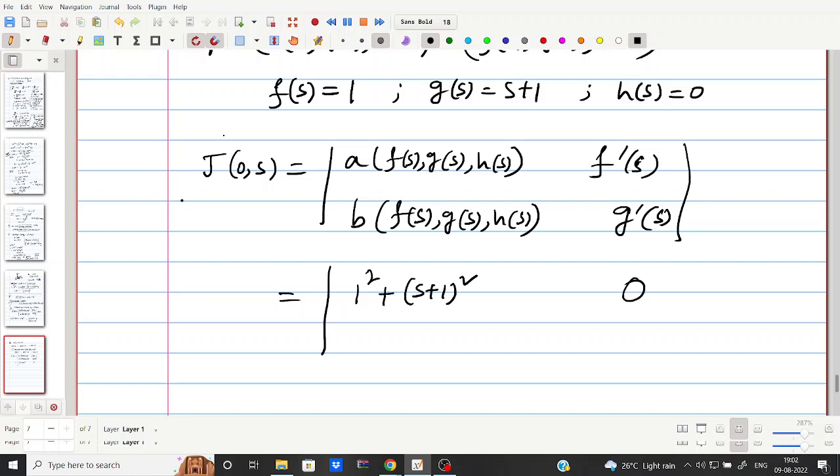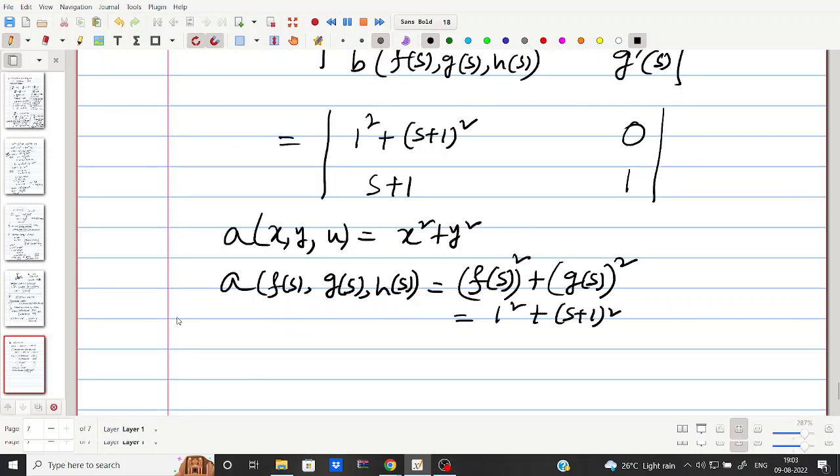That is f(s) whole square plus g(s) whole square. Now I put the value of f(s) and g(s), like this.